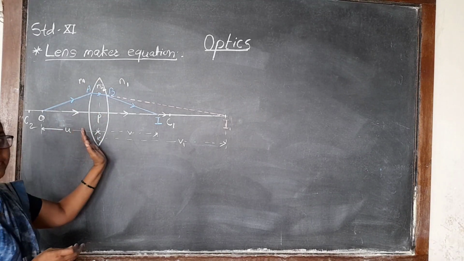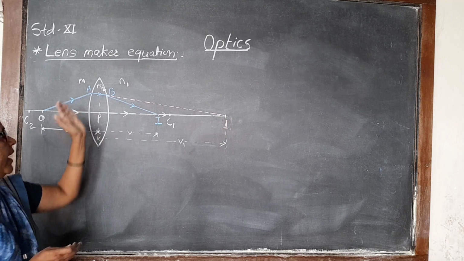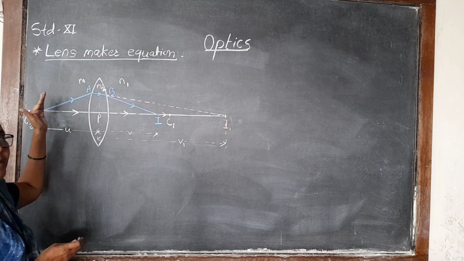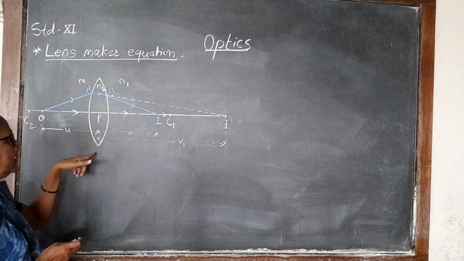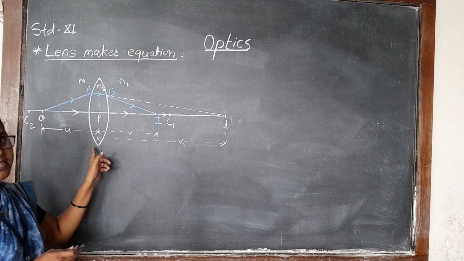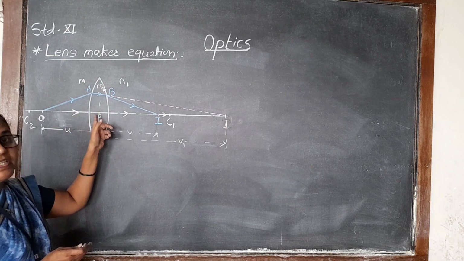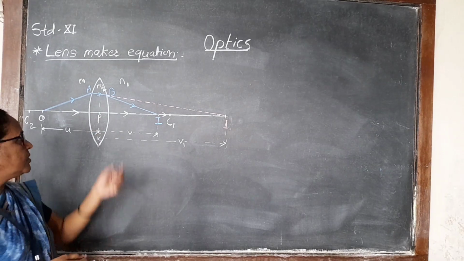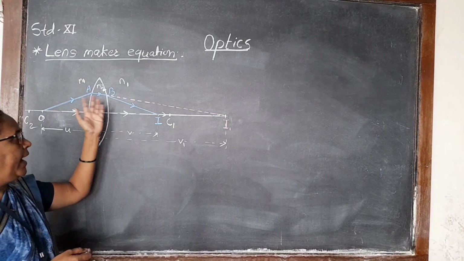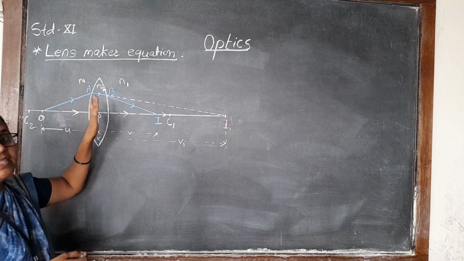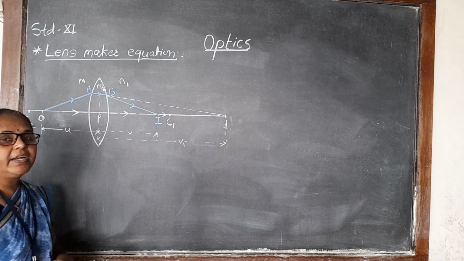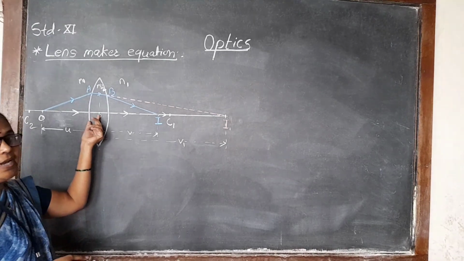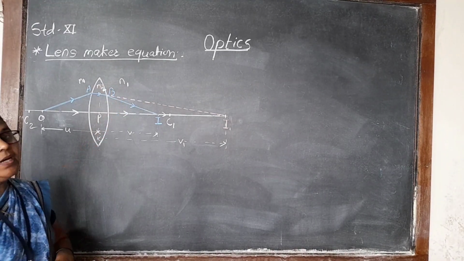Suppose this curved surface is a part of a sphere and another surface is also a part of another sphere. So you have to consider the radius of curvature of both these spherical surfaces, which decides the focal length. Also the material of the lens and the medium in which the lens is kept. That means you need to consider the refractive indices of the lens material and the material beside the lens.